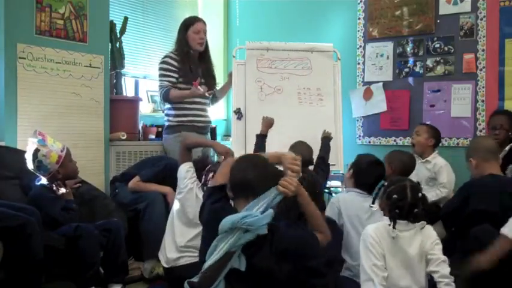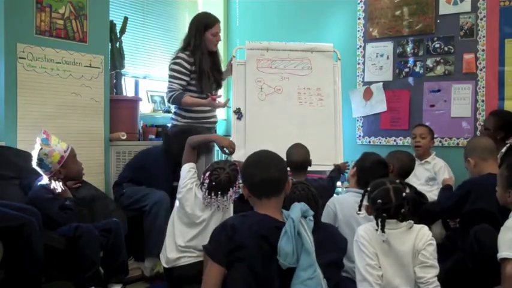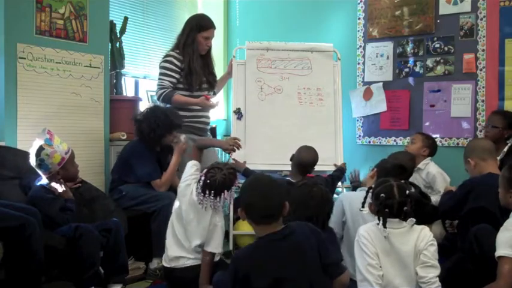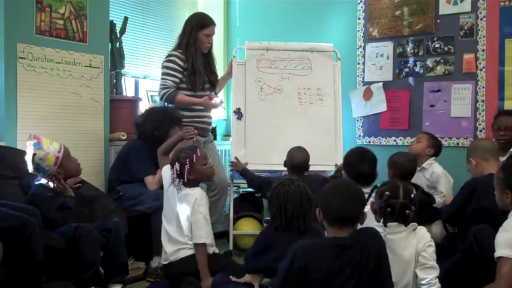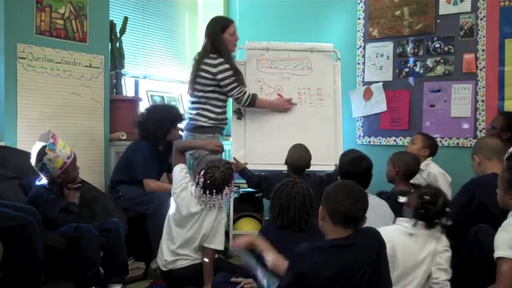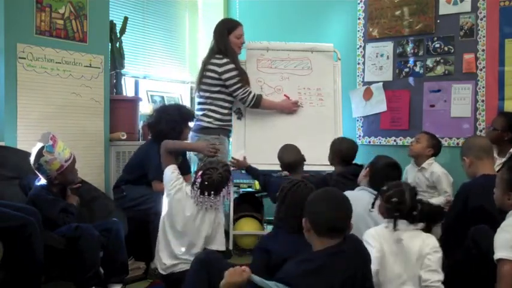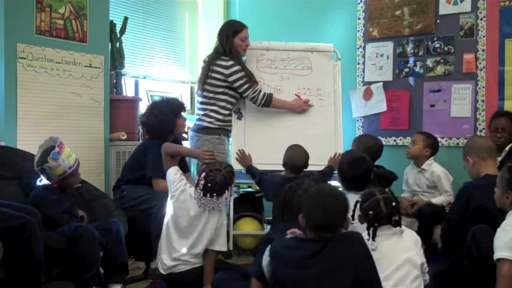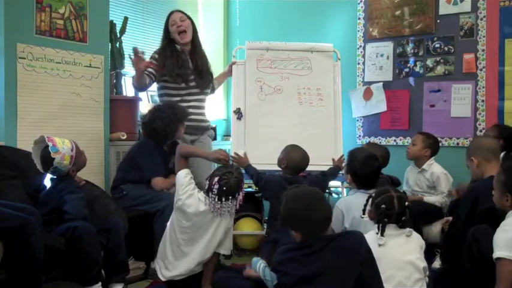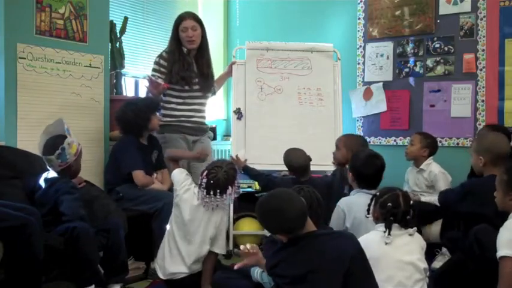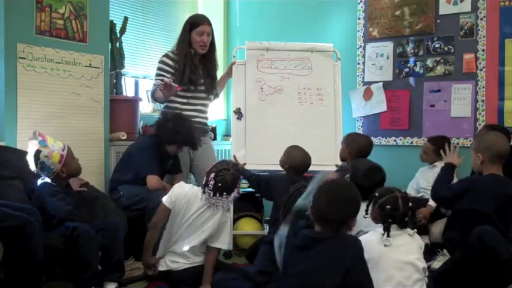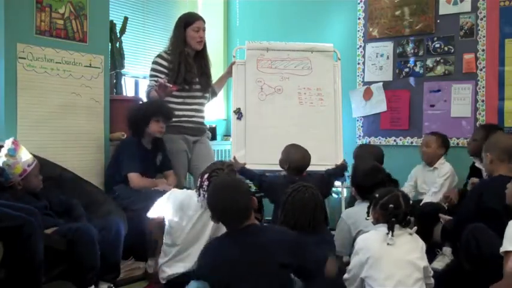Can you read the problem for me? 314 minus 106 equals question mark. I have to write it the super smart second grader way. Otherwise, I probably won't get the right answer, right? What is the super smart second grader way?